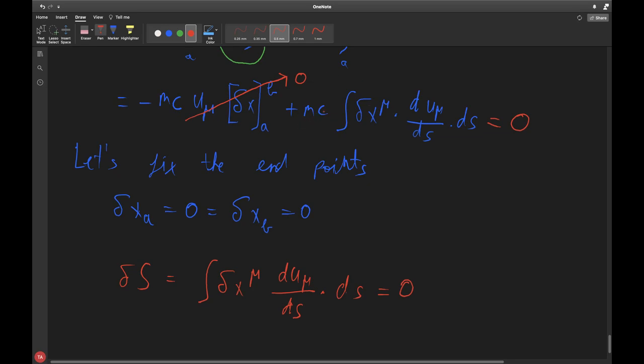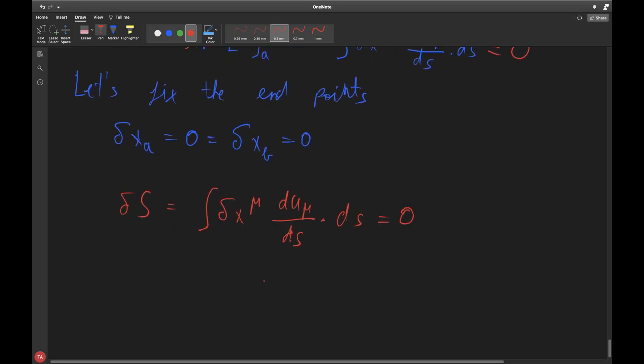I didn't write out the mc part because I can just divide with that. That doesn't really modify anything when things are 0. So this has to be true for all changes in the path.